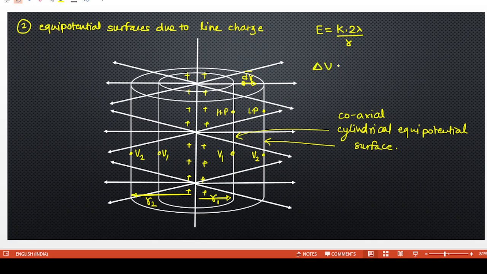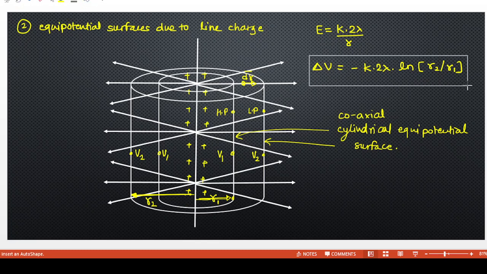Write down this: minus K 2 lambda ln of upper limit minus log of lower limit, which is log of upper limit upon lower limit. You can choose the first point at distance r1 and the second point at distance r2. Here the electric field is non-uniform, it changes with the position. For different values of r, the electric field is different.